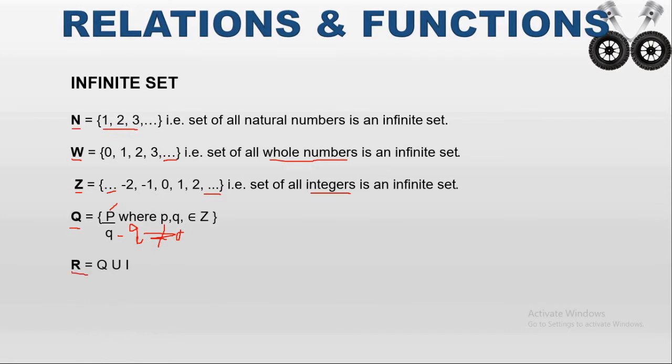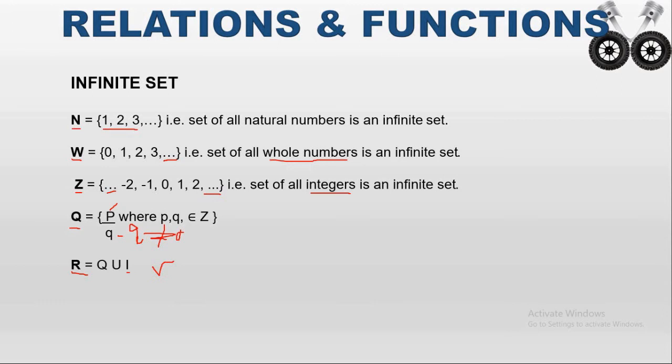Then R. R is the real numbers. Real numbers means Q union I. What is meant by union? The real numbers are the combination of the rational numbers and the irrational numbers, where I represents the irrational numbers. So the real numbers contain both rational numbers as well as irrational numbers. What are irrational numbers? The numbers represented in square roots.